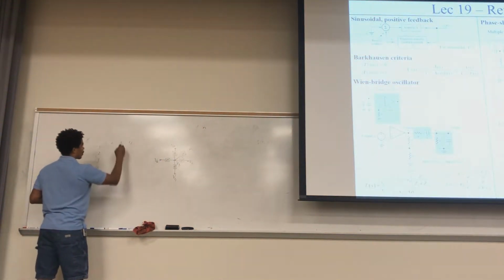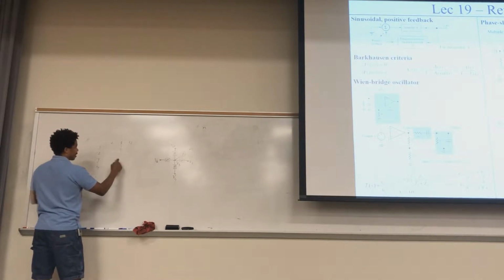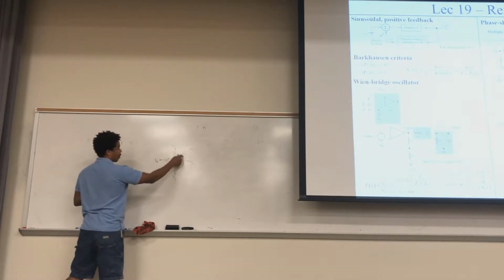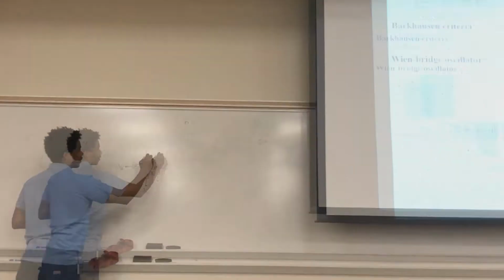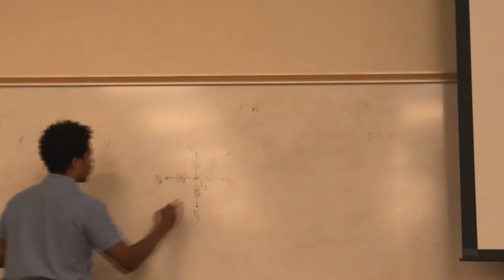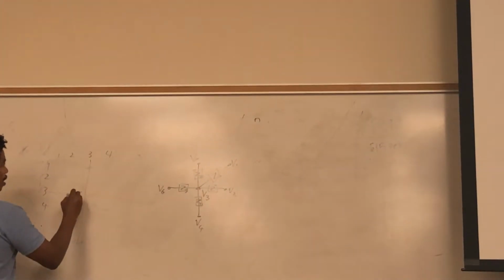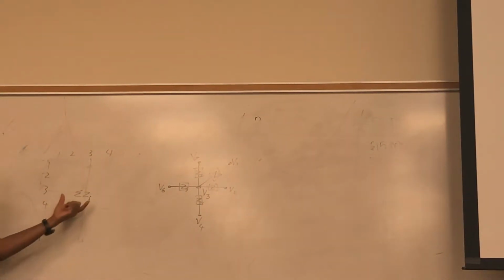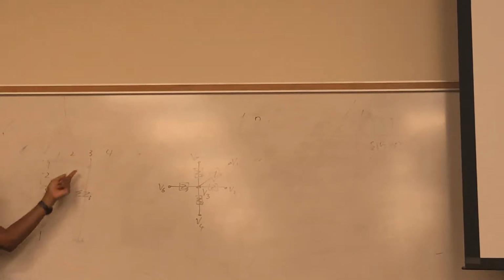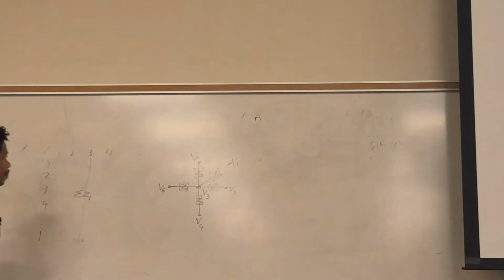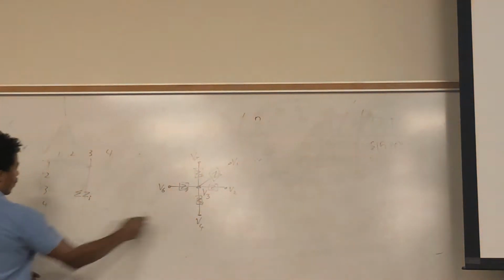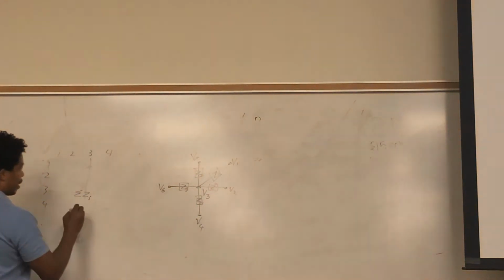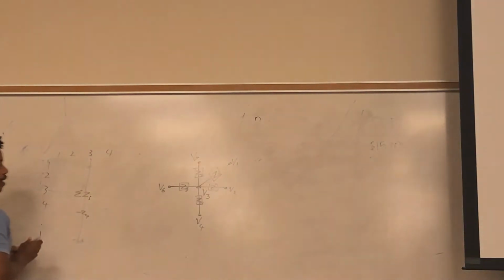At 3,3 right here, this is the location where you add up all of these. So you sum up all of your impedances, and it all goes into that slot. Then you just have to worry about the cross terms, and those are the minuses of each one singly. So for 4, you're going to have minus Z4.